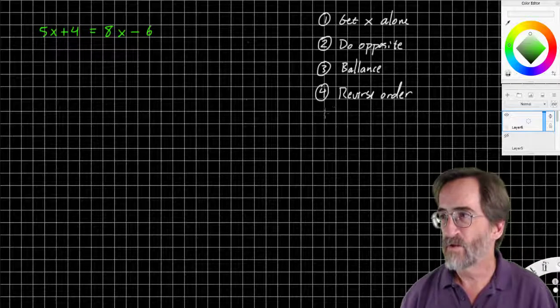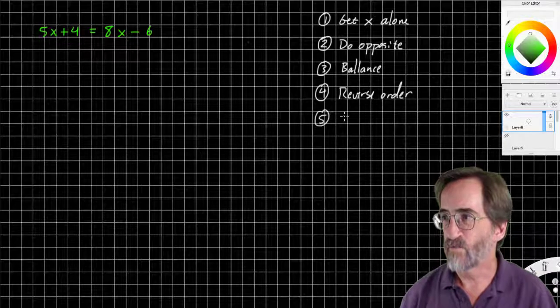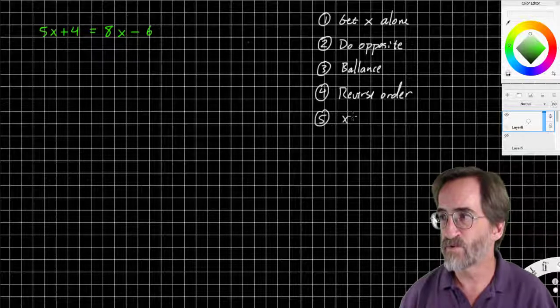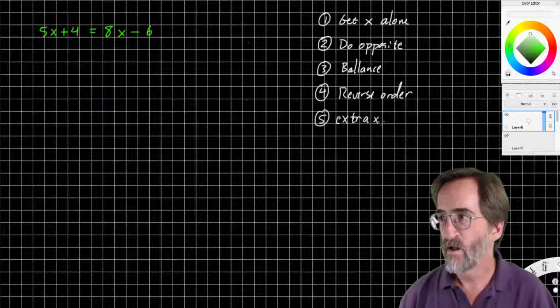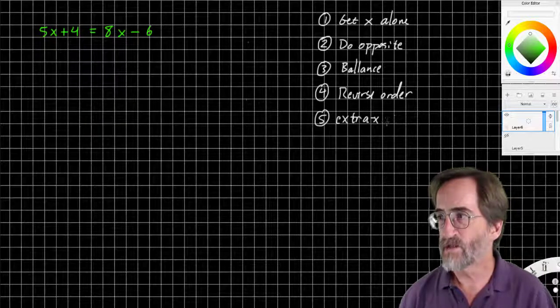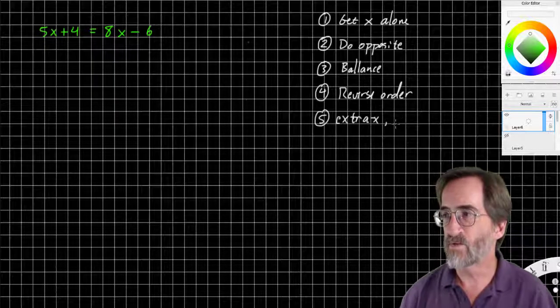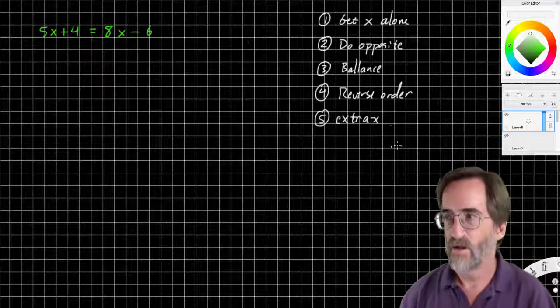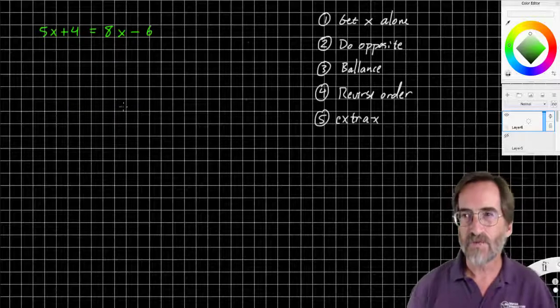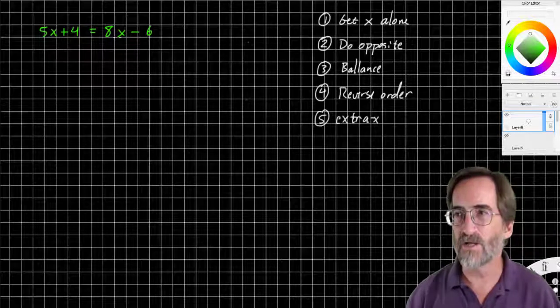All right, so here's the new step here. Okay, the fifth thing here is, if there's an extra x, we get rid of the extra x first, right? There's an x on both sides of the equation.